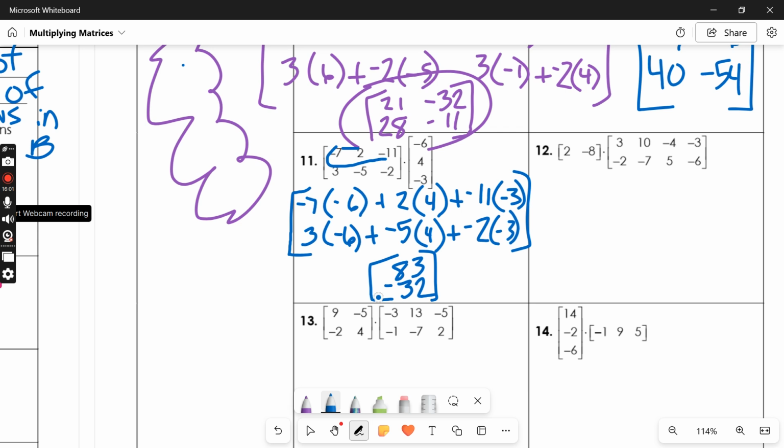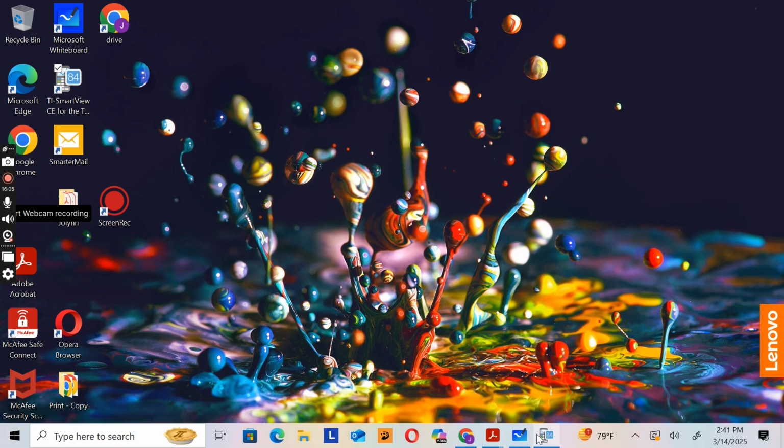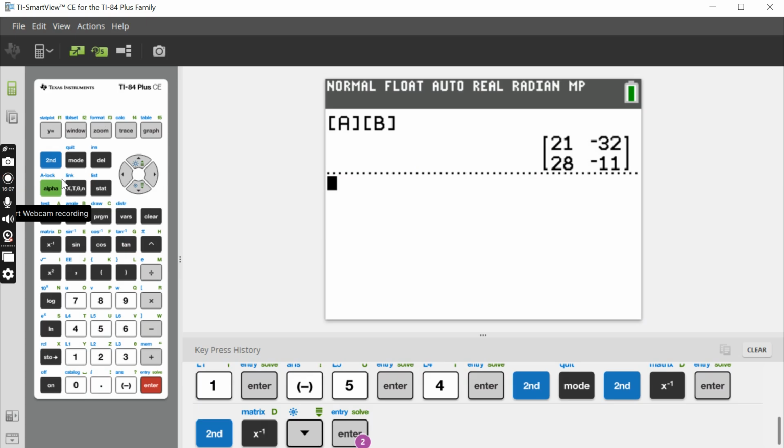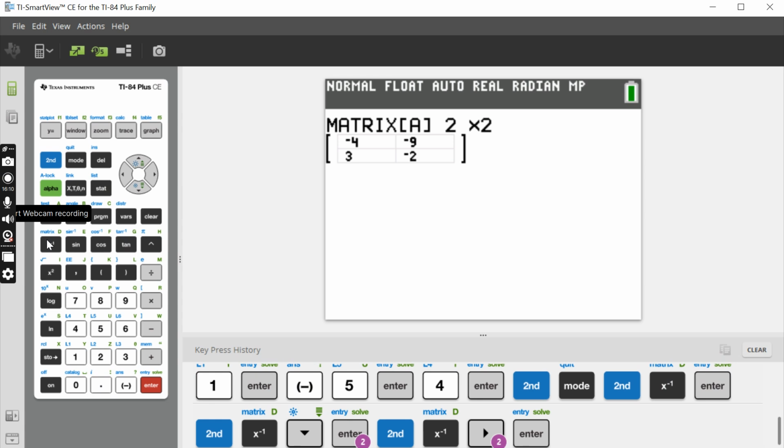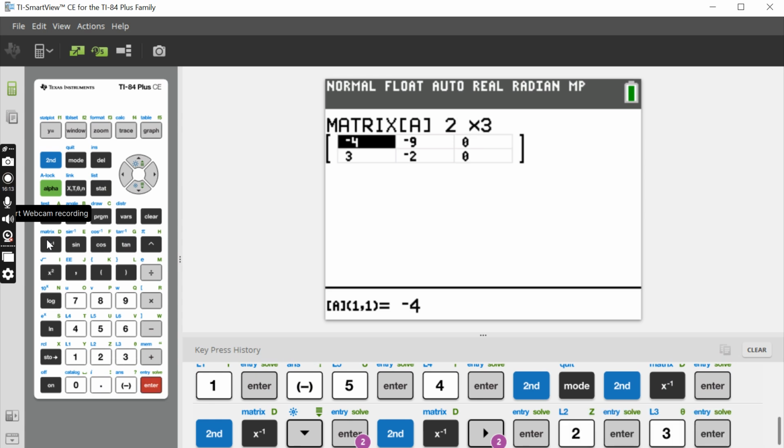Okay. So if I go back to my calculator to check my answer, I'm going to go to second matrix. I'm going to edit this first one, and ours was a 2 by 3. I didn't take anything out. I'm just going to type on top of it.